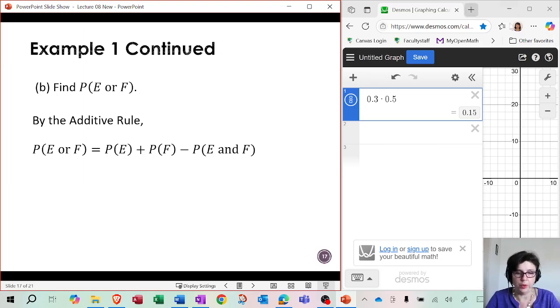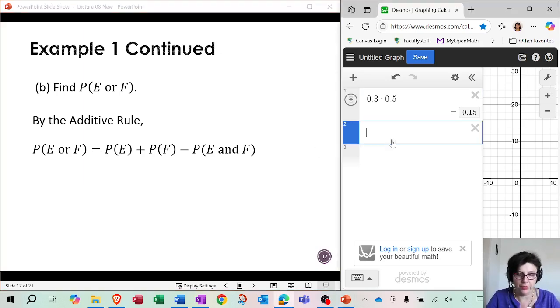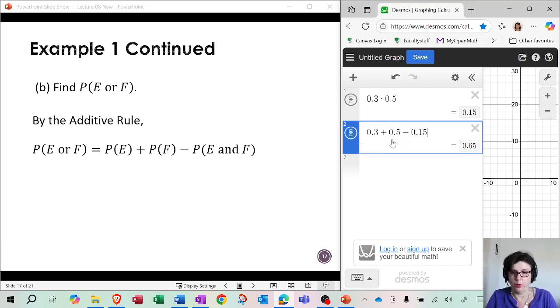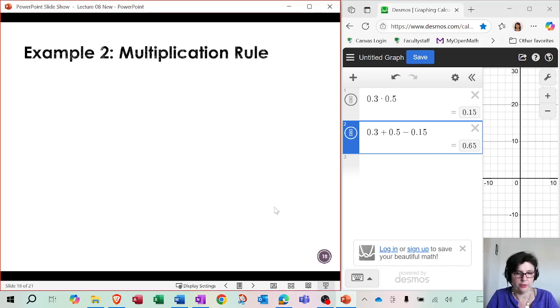We were given that probability of E is 0.3, probability of F is 0.5, and we just found the probability of both happening, and we were able to multiply them because they're independent. By the way, if we weren't told that they are independent, you can't multiply them, but we were. So that would be 0.65 here.